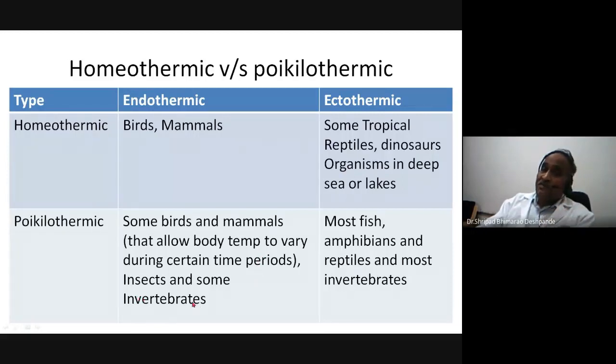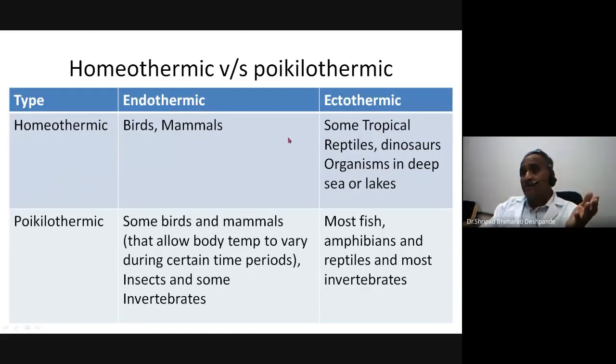And invertebrates and insects belong to this category because they can change the temperature to any level. So you have the cockroaches either in a cold environment or in a hot environment, and they are as active as that. Not all invertebrates, some invertebrates, but all insects.